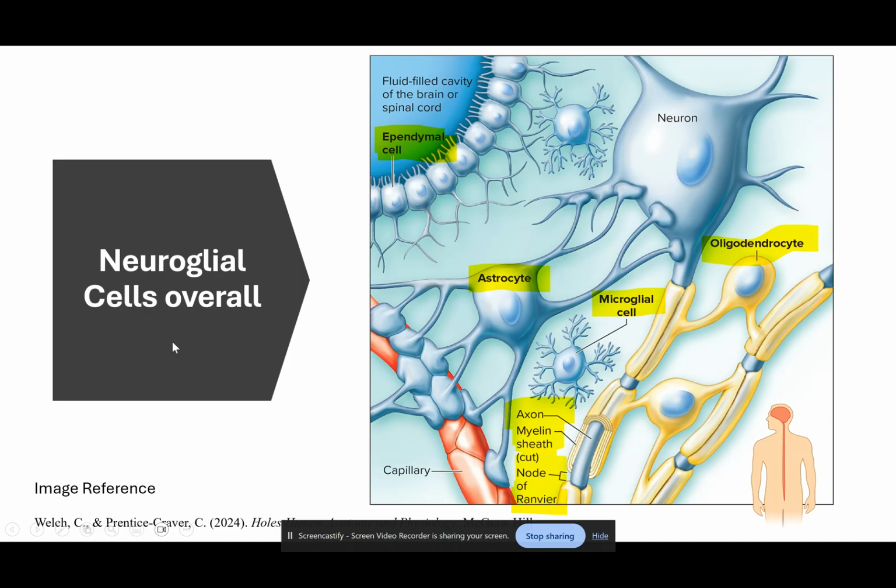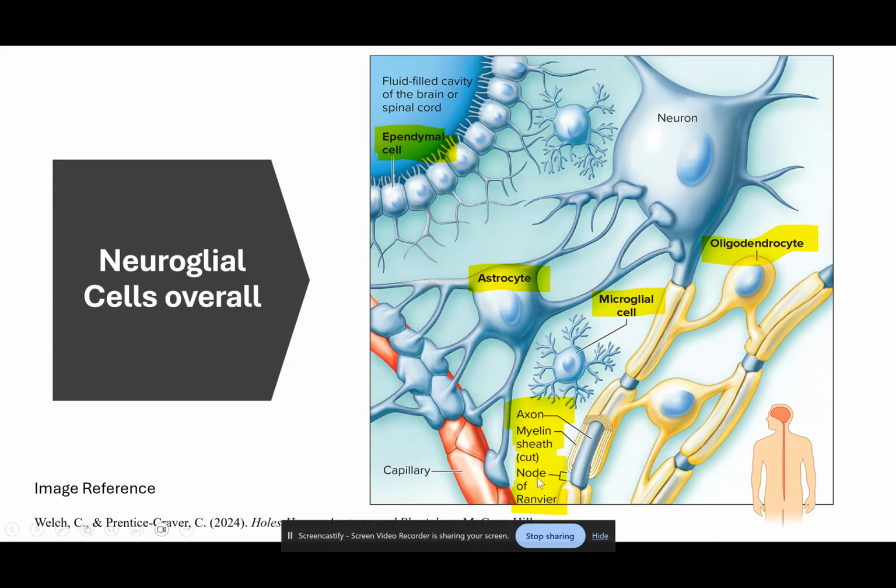And neuroglial cells overall, we have our ependymal cells right here when it comes to keeping the integrity of that kind of membrane. We have an astrocyte here, which has a star or almost spider-like appearance. We have our microglial cells down here, which are those big eaters of the cells. And we have oligodendrocytes, specifically in the central nervous system, that help produce that myelin in the central nervous system.